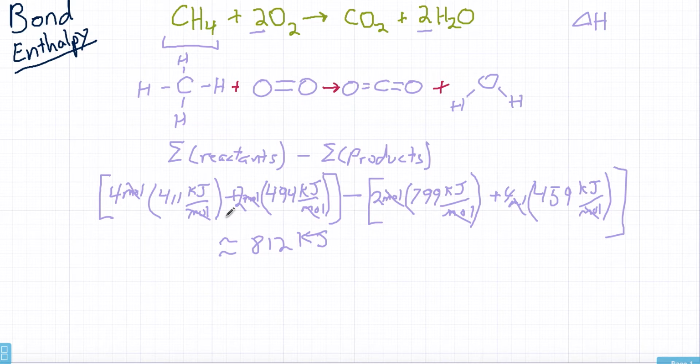Next what we'll look at is heats of formation, and that'll be in another video, and that's going to be a lot more relevant than this. Heats of formation you'll probably use a lot going forward, especially if you get into physical chemistry. It's a little more accurate, a little more useful, and it's actually a lot easier than this too. So bond enthalpy is more difficult than heats of formation.